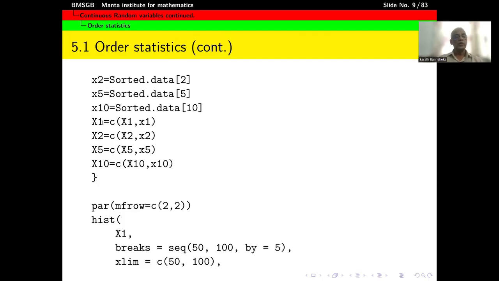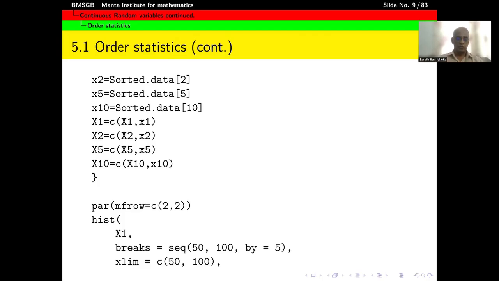So new x1 is the concatenation of the previous x1 and this simple x1. New capital X2 is the combination of the previous X2 and the simple x2, and so on. I'm going to build these vectors X1, X2, X5, and X10.